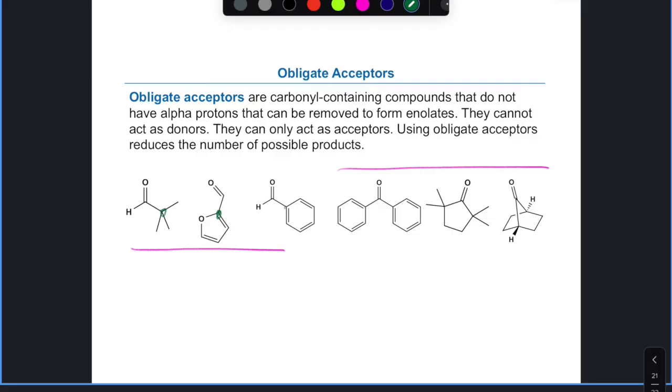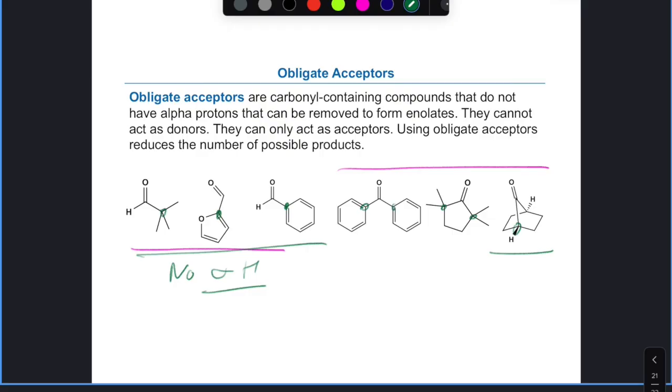These are systems which we call obligate acceptors because all they can do is act as an aldehyde acceptor. They can't make their own enolate. So these are ones where they're blocked and there is physically no alpha proton. Same thing here. Ketone, no alpha protons. Methyls, no alpha protons. What's going on here? Those kind of look like alpha protons, but they are not accessible because of Bredt's rule.